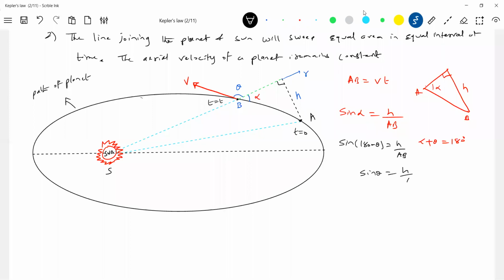So sine theta equals h by AB, therefore h is equal to AB sine theta. Further, AB is v t. So h is equal to v delta t sine theta. Let me write v delta t, taking some interval so that writing equations will be easier.